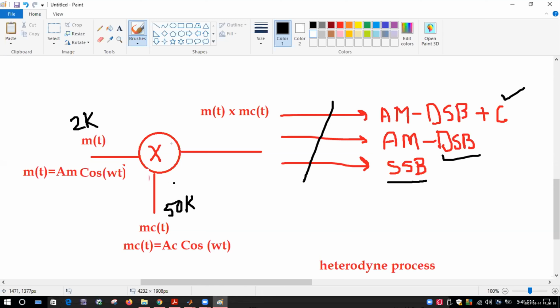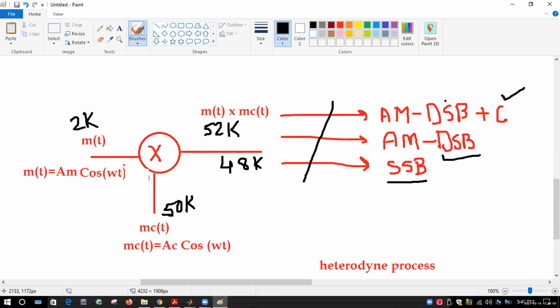When you add them, you will get 50 plus 2, which is 52. And also you will get 50 minus 2, which is 48. So you will generate two frequencies, 52 and 48. But it will all depend on which modulator type you are using.